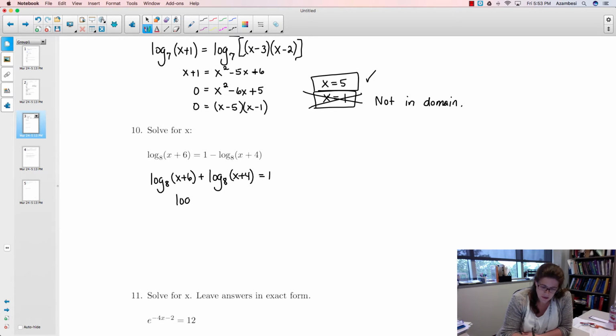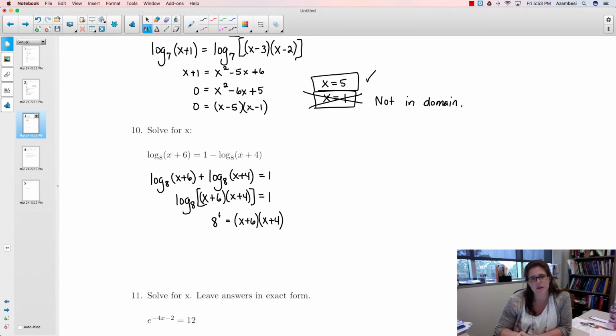Combining, log base 8 of x plus 6 times x plus 4 is equal to 1. And then since I've got it isolated on one side, I can convert now to exponential form. So 8 to the first power is equal to x plus 6 times x plus 4.